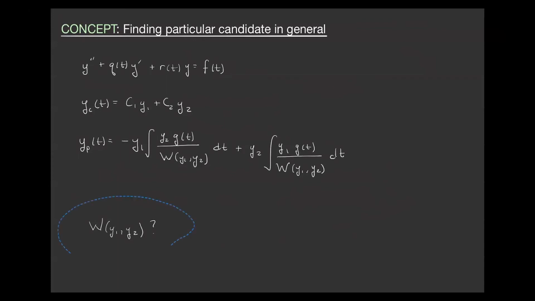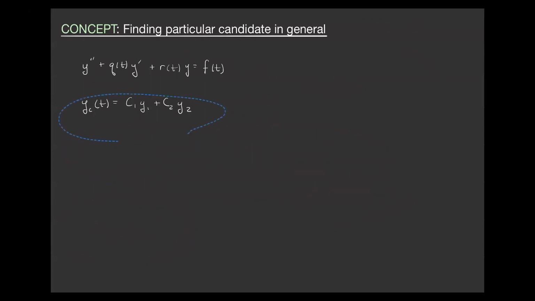Now let me actually remove some of this just so you don't have to focus on too much at once. This is a technique we'll apply to second-order differential equations that are linear, and in particular, non-homogeneous. So say you have such a differential equation.